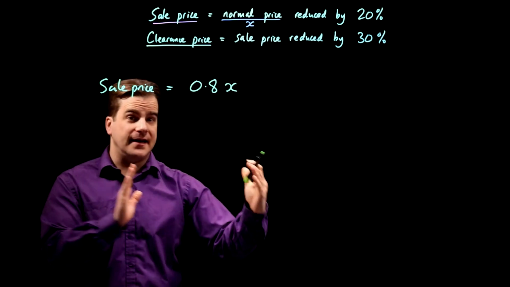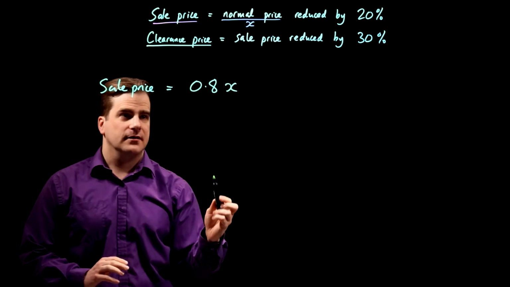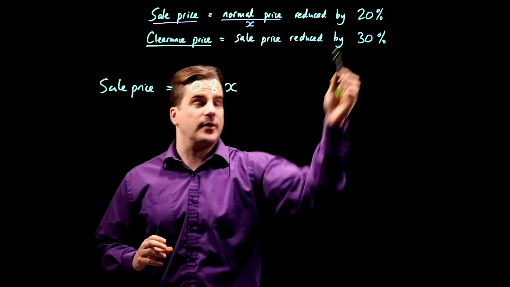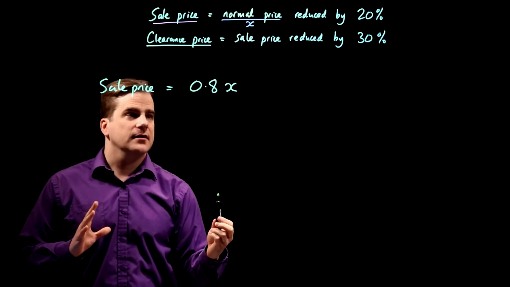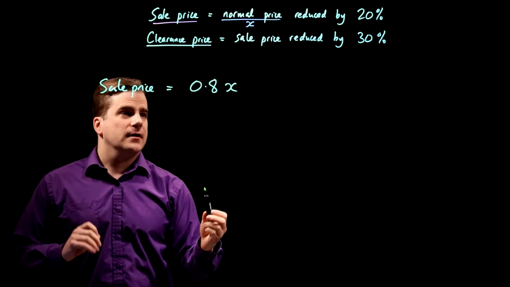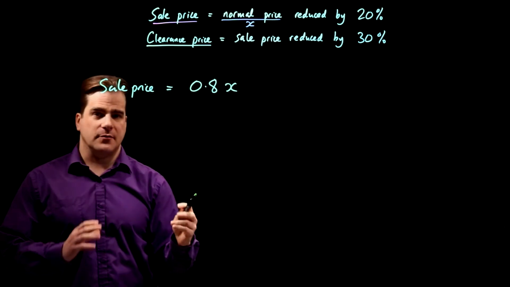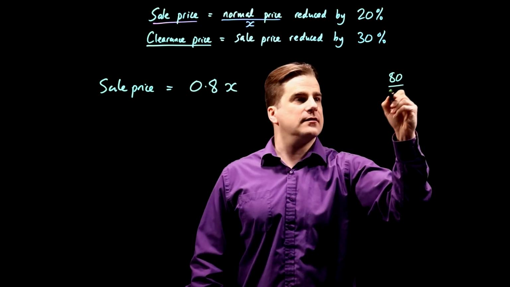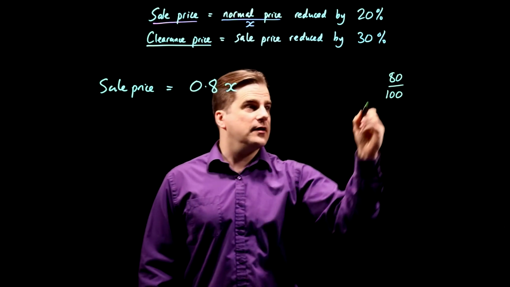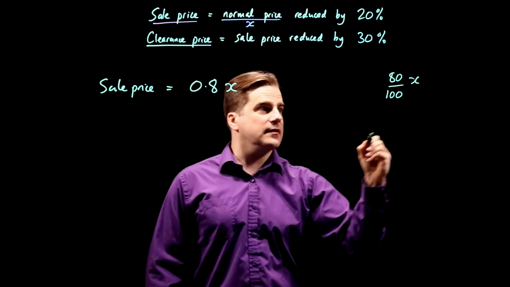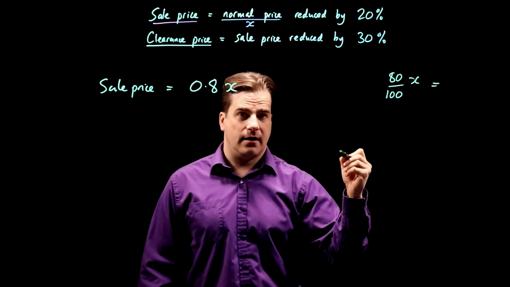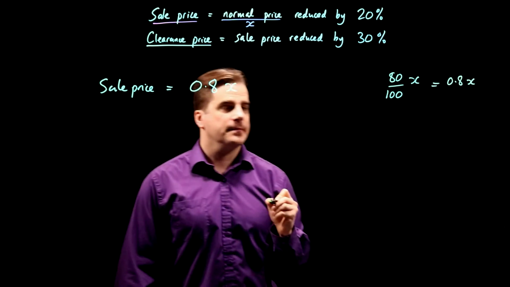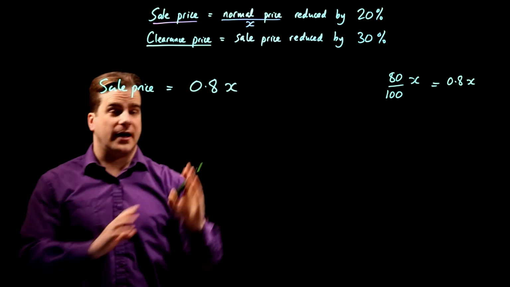So the sale price is 80% of the normal price. So that's where the 0.8 comes from. It's 1 minus 0.2, where 0.2 is 20%. 0.8x is the same as writing 80% of x, because 80% is 80 out of 100, which is 0.8. So the sale price is 0.8x.